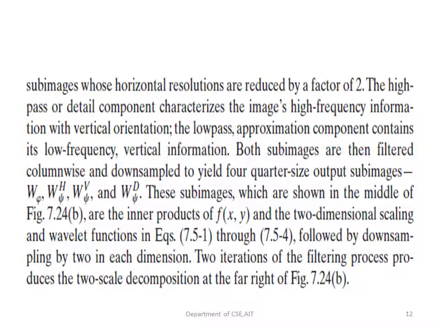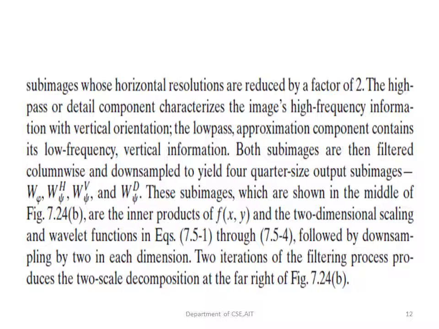These 4 quarter size output sub-images are W of psi, W of psi of H, W of psi of V and W psi of D. So these images which are shown in the middle of the figure are the inner products of f of x,y and the two-dimensional scaling and wavelet functions, followed by downsampling by 2 in each dimension.